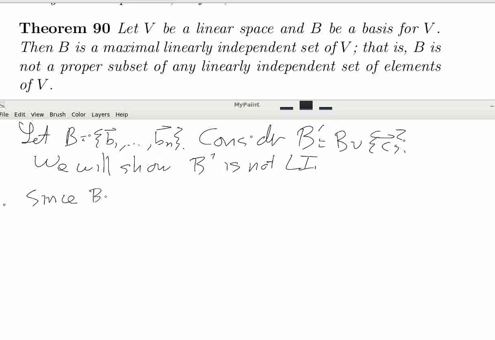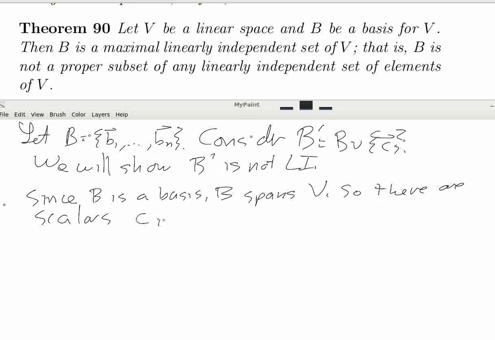And I'm going to start with, since B is a basis, B spans V. So there are scalars A1 up to An, I already used C's, such that A1 B1 plus A2 B2 plus up to An Bn.